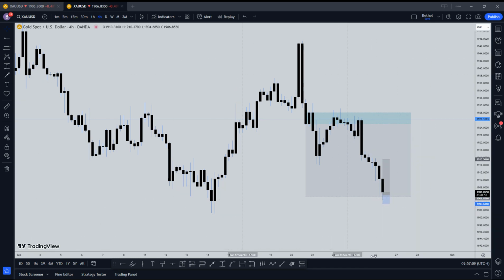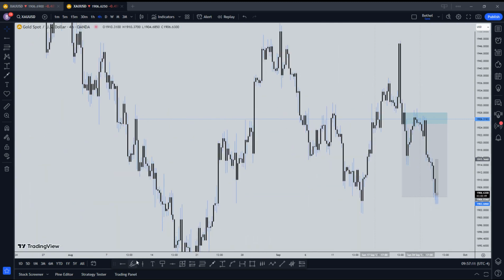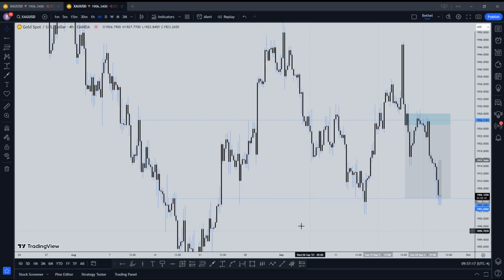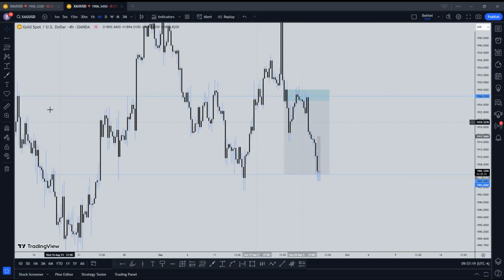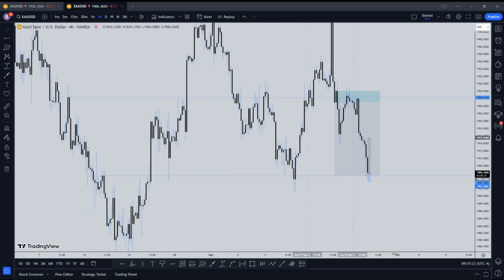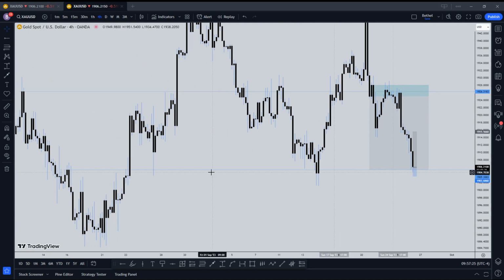But this is actually a big setup, a nice setup because you have this level here. I'm actually going to teach how to plot these levels in another lesson. Okay, how to plot this level. Also, you can see we have this one here. And you see what we have, 1, 2 rally.